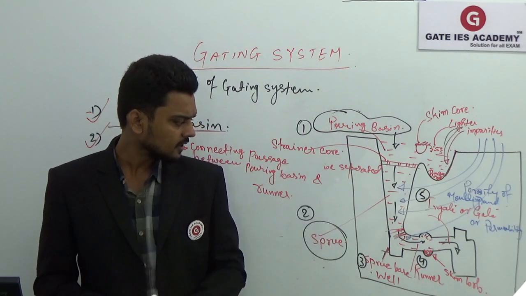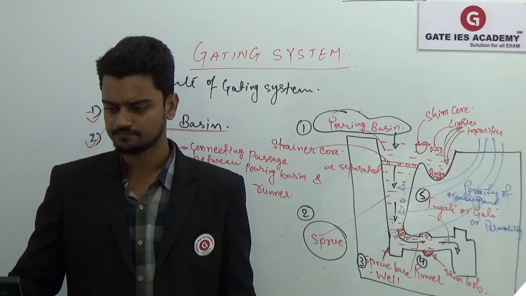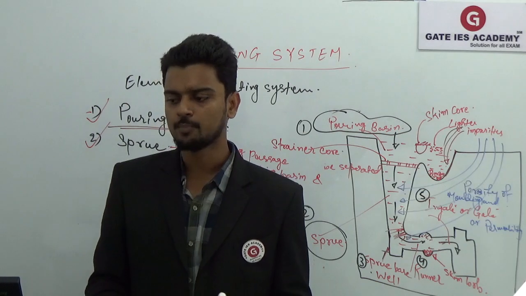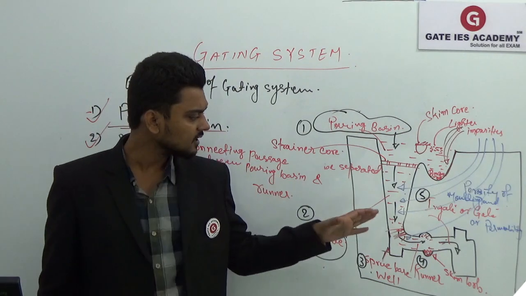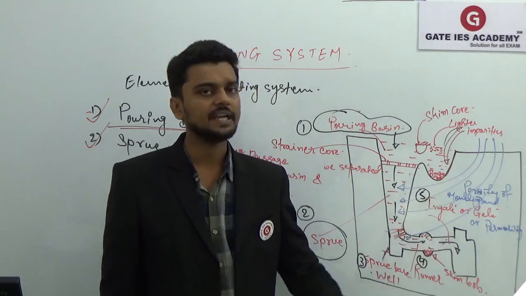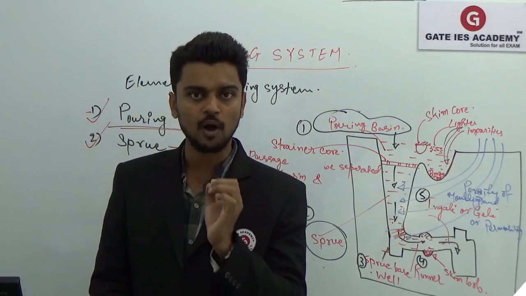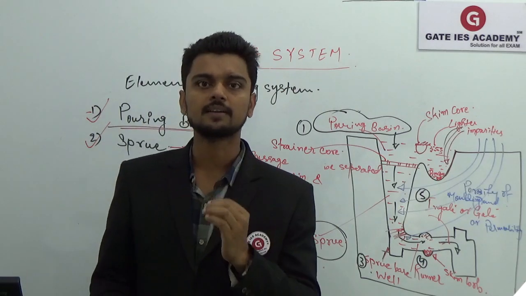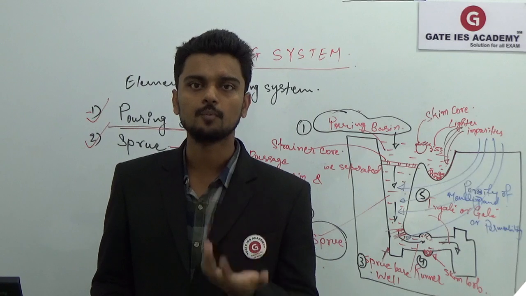Then we have this runner. Again, you can note down some important points regarding this runner. Runner is a connecting passage between the sprue and the ingate. Ingate is the last point in your gating system at which the molten metal enters into your mold cavity.